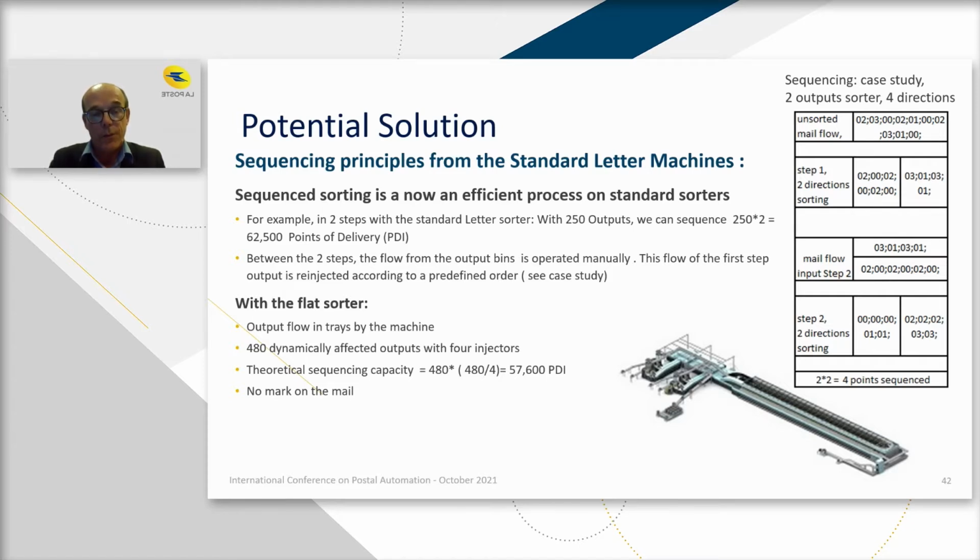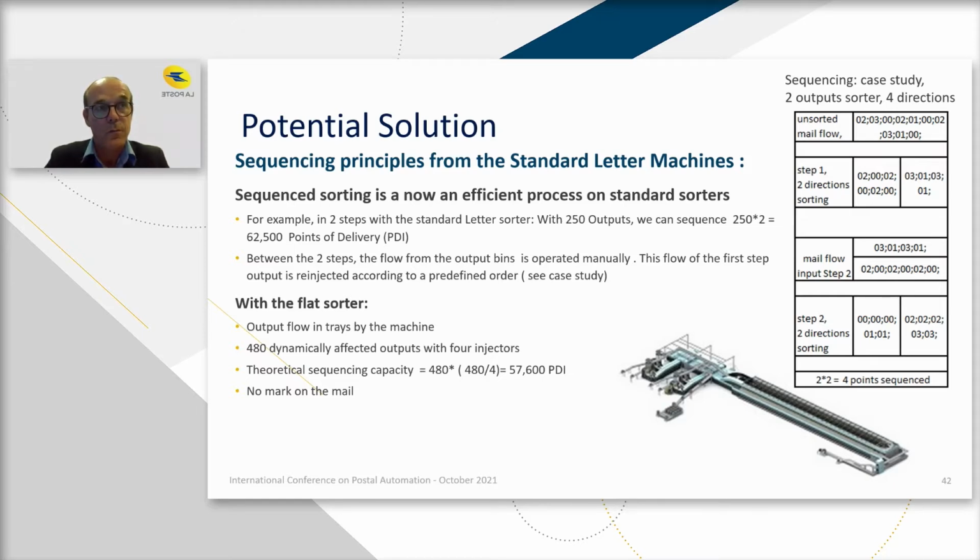Nowadays, with the standard letter machine, we have about 250 outputs, and with these 250 outputs, we are able to sequence about 50,000 points of delivery. So this is the classic way we do that, and we are now very experienced in that process.